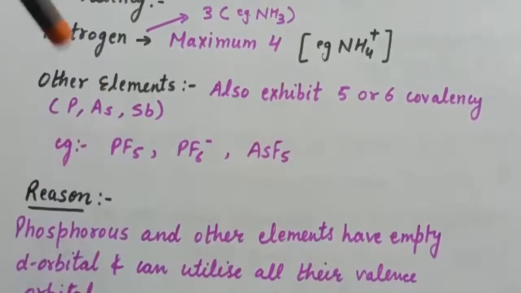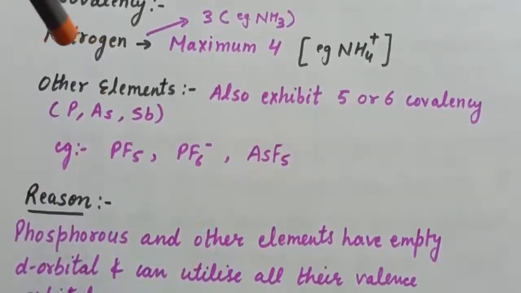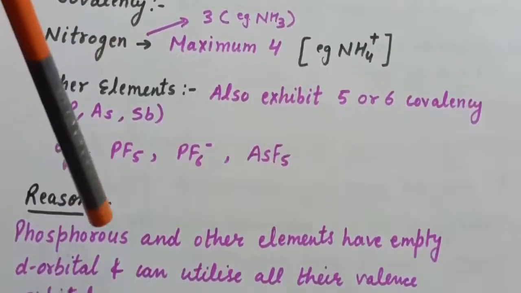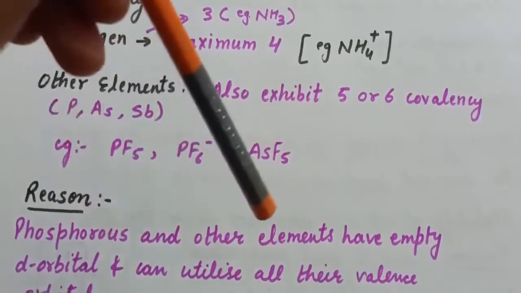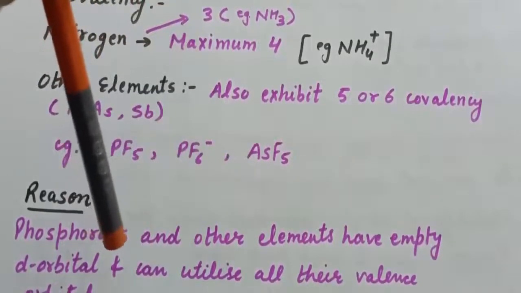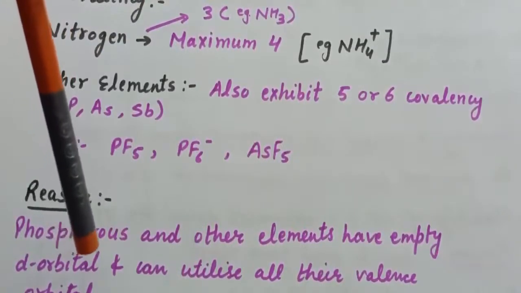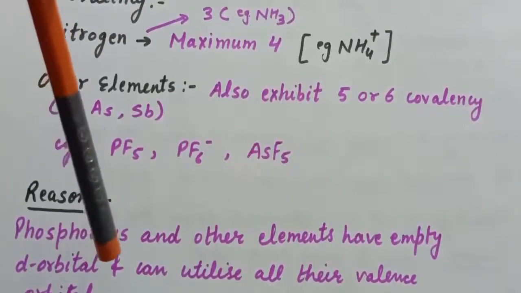The answer is nitrogen does not contain any d orbital. Therefore, it cannot expand covalency beyond 4. Whereas in case of phosphorus and other elements, they have empty d orbitals and therefore they can utilize their empty orbitals for bond formation.